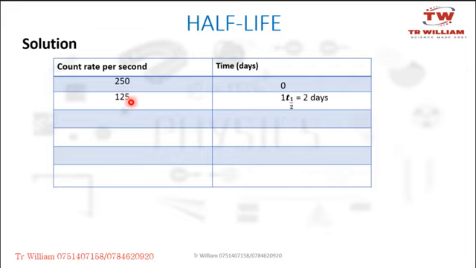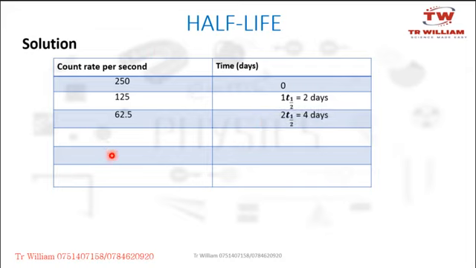Then it will decay from 125. What is half of 125? Get your calculators. Half of 125 is 62.5. Good. So how long will it take to decay from 250 to 62.5? That will be 2 half-lives, and 2 half-lives will be equivalent to 4 days.